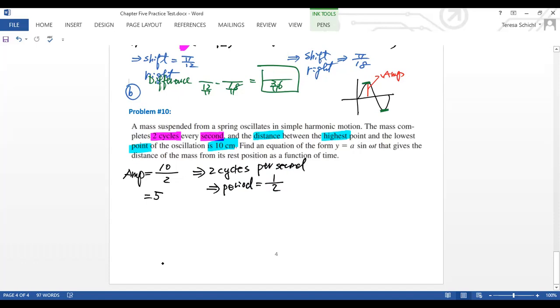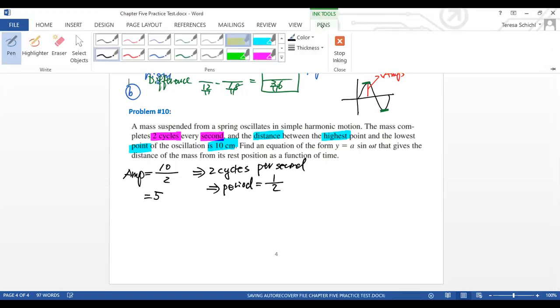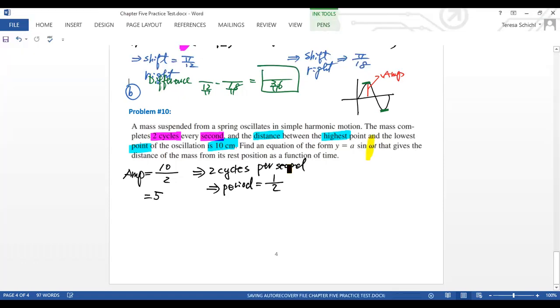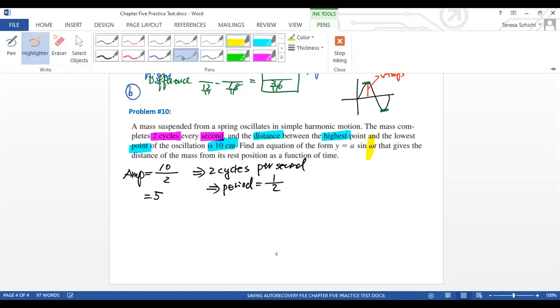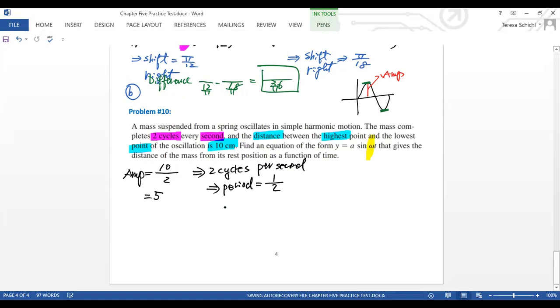But now I need to change it to the w t form, right? So this w here, I know the period for the sine. How do I define the period for the sine?